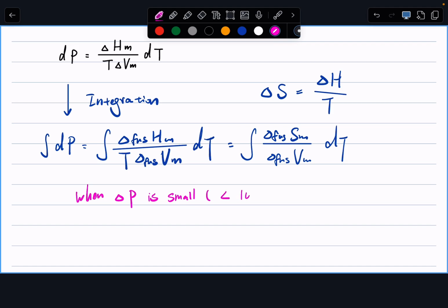Let's say less than 100 atm. We can assume that the delta fusion of entropy, or delta fusion of your enthalpy, and delta fusion of your volume will all stay relatively constant.